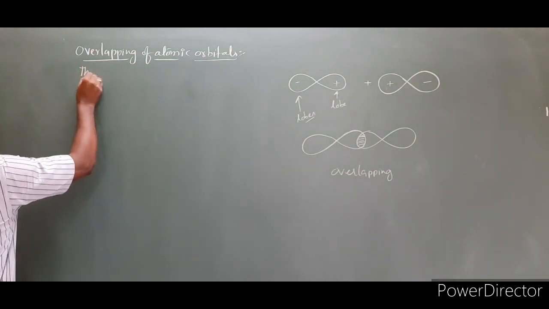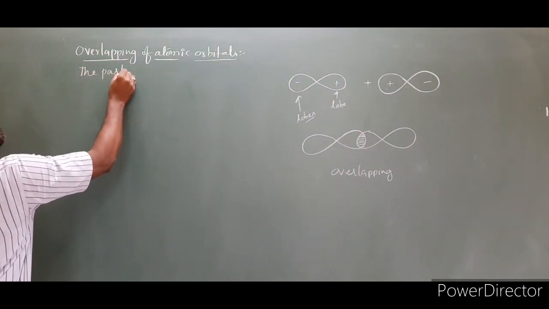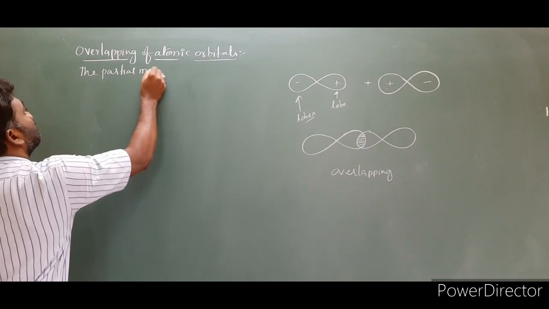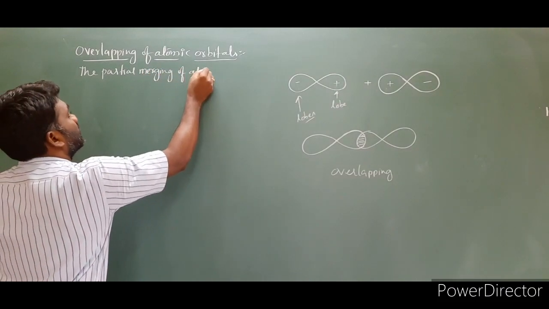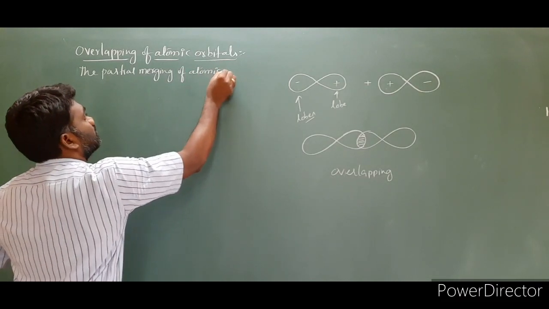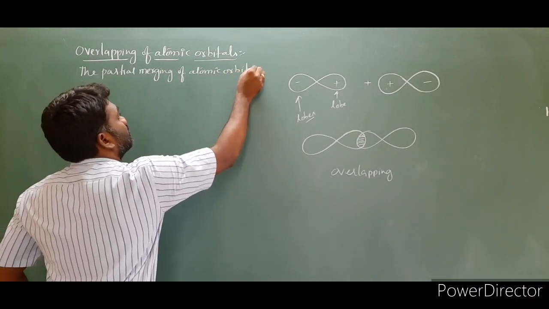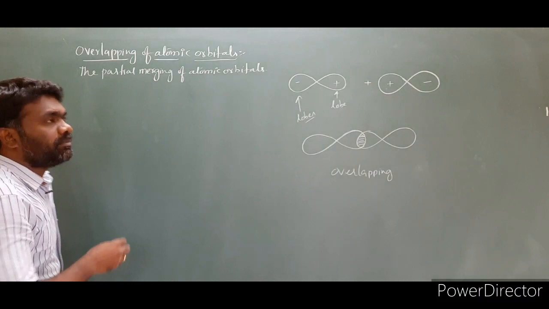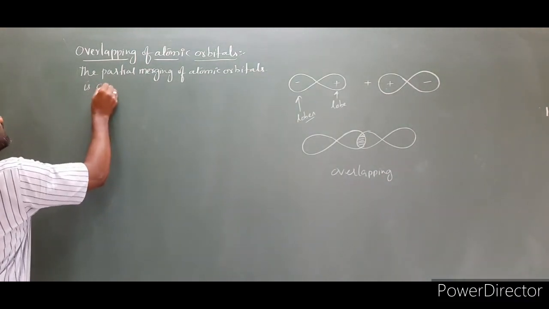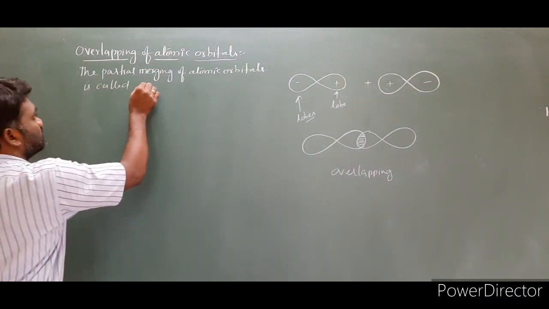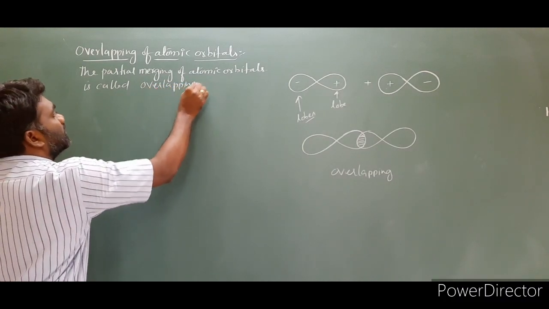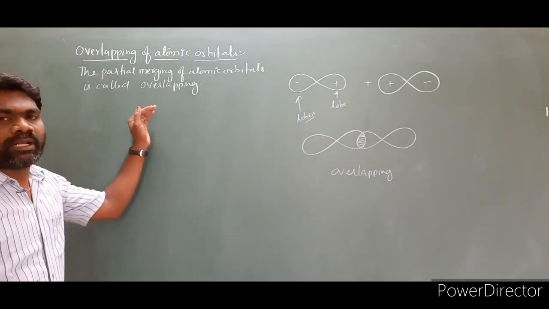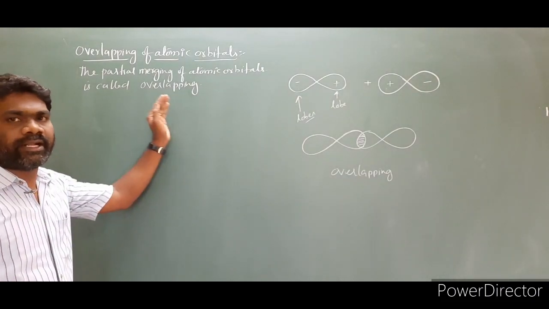The partial merging of atomic orbitals is called overlapping. The overlapping may be positive, negative, or zero.